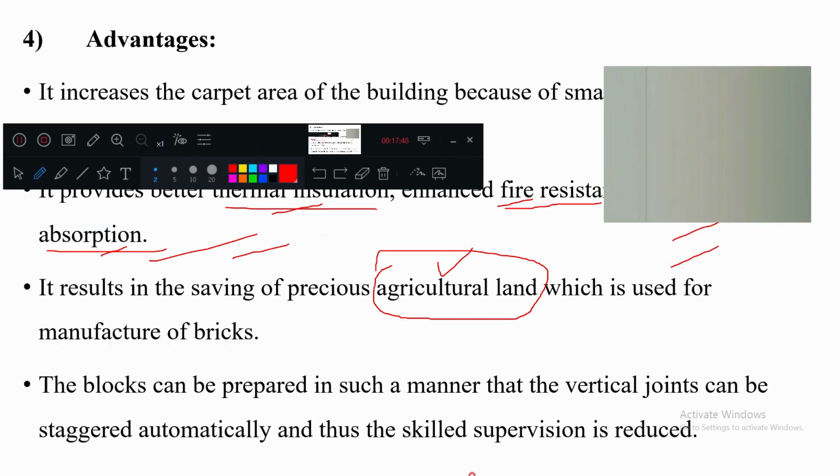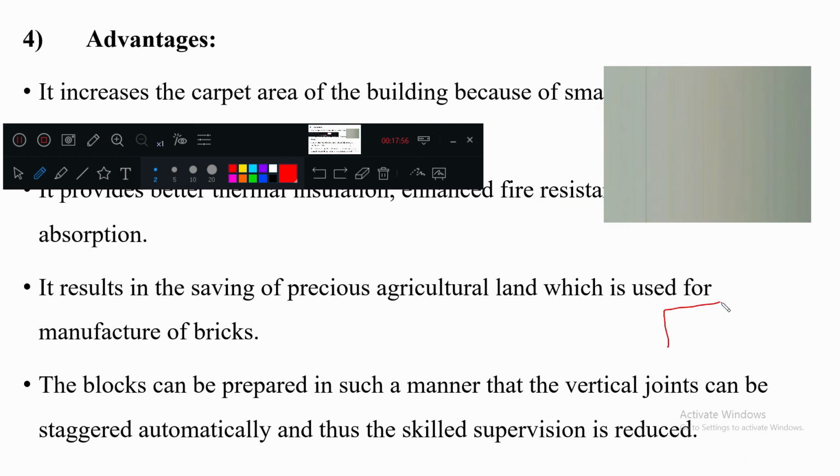One more very important point: skilled supervision is reduced here. What do you mean by that? For construction of brick, more skilled laborers are generally required. For construction of cement concrete block masonry, less skilled supervision is required.